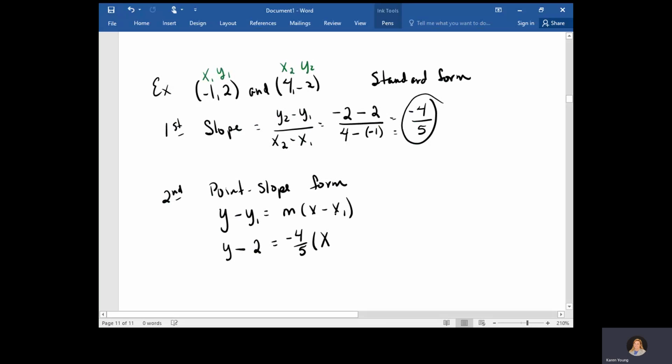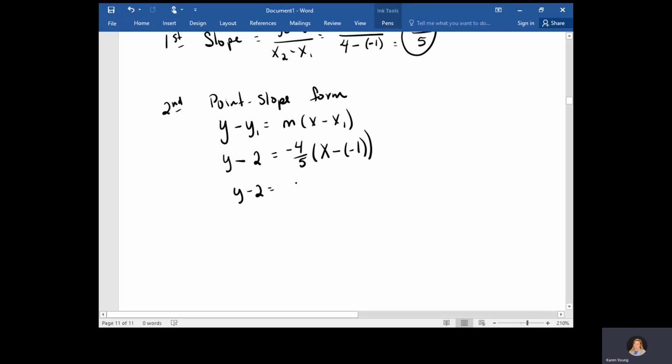X stays x. x1 is -1. So then I have y minus 2. I'm going to clean this up a little bit before I distribute. So -4/5 minus a negative makes that x plus 1. Then I can distribute my -4/5. So I get -4/5 x minus 4/5.